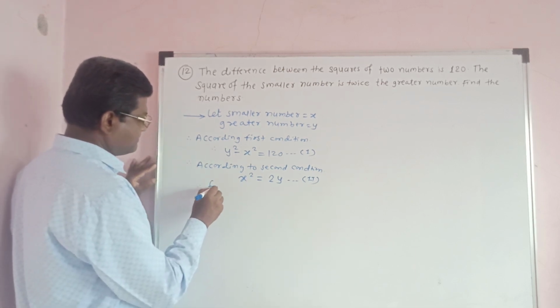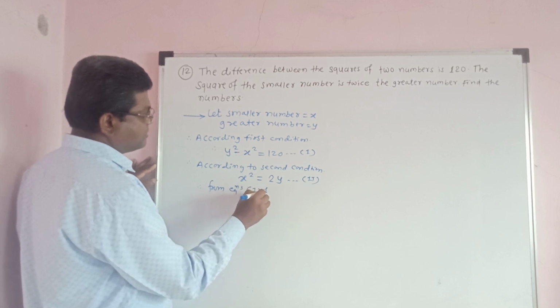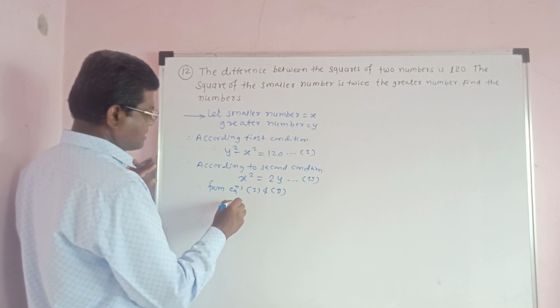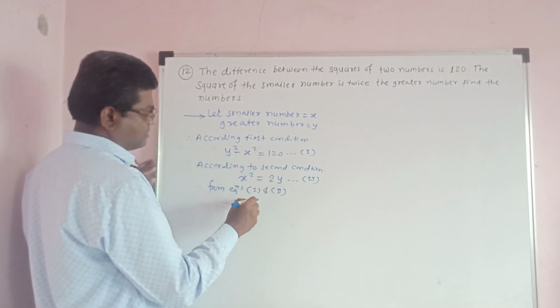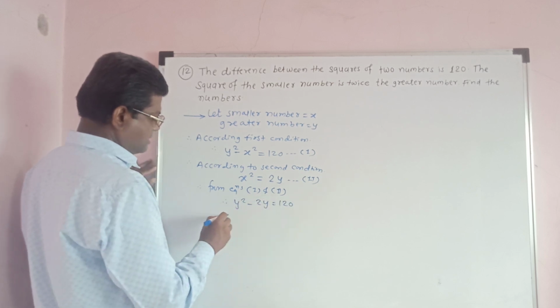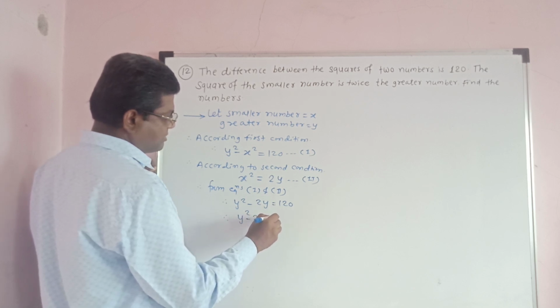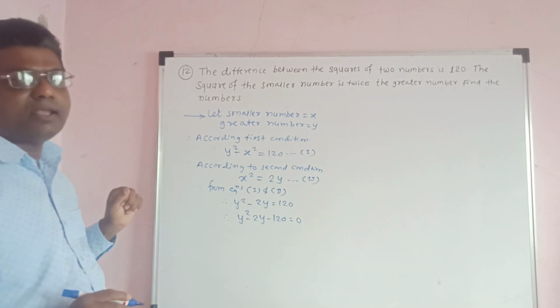Therefore, from equations 1 and 2, y square minus the value of x square, that is 2y, is equal to 120. Therefore y square minus 2y minus 120 is equal to 0. And this is a quadratic equation.